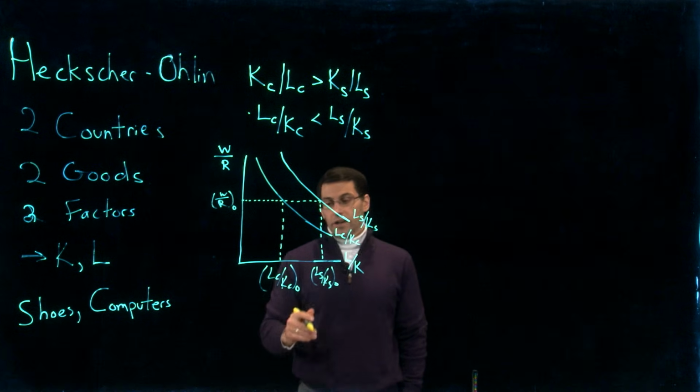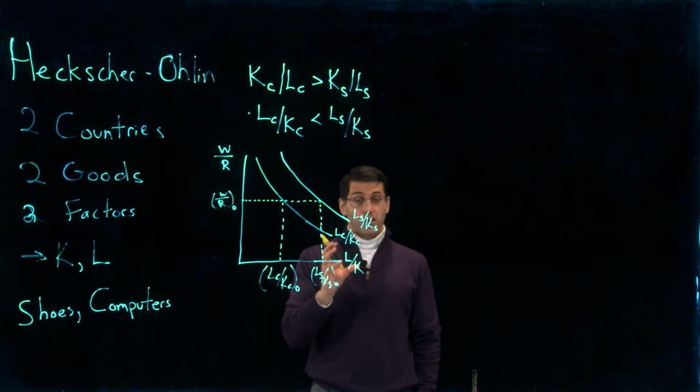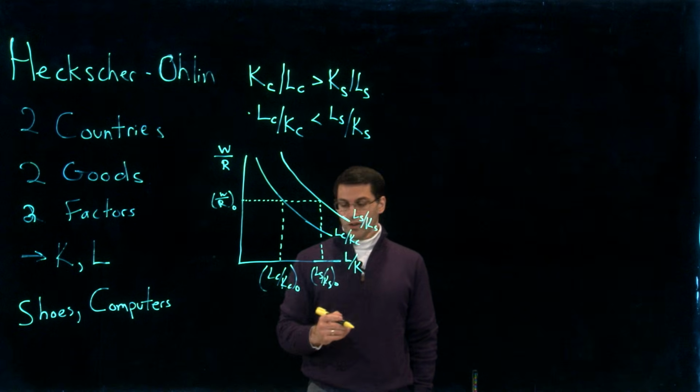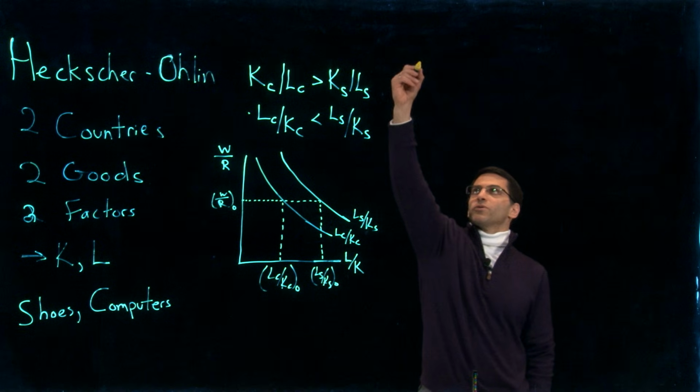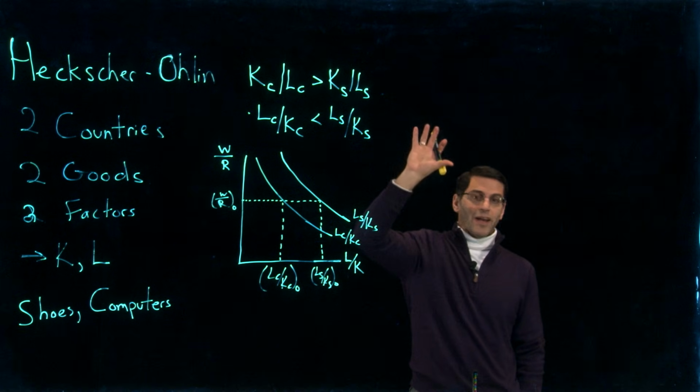Okay? And like factor intensity, factor abundance is itself a relative concept. Here what we're doing is we are comparing the capital to labor ratio on the supply side. Right?